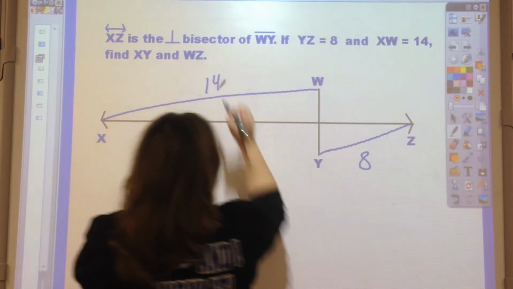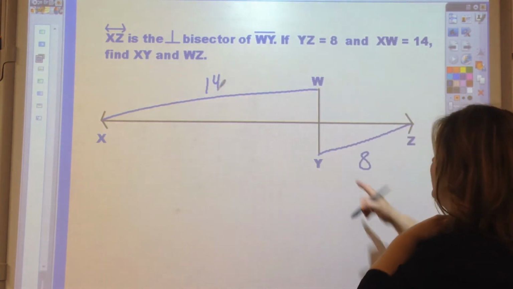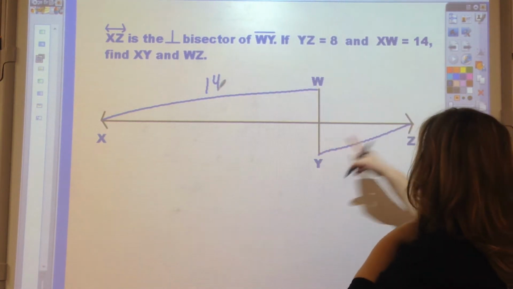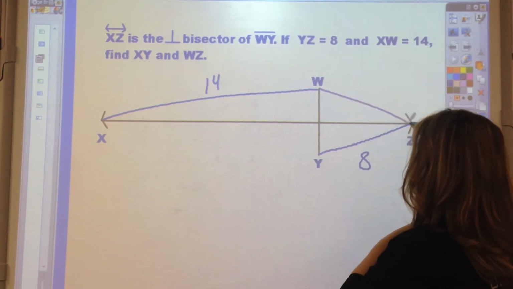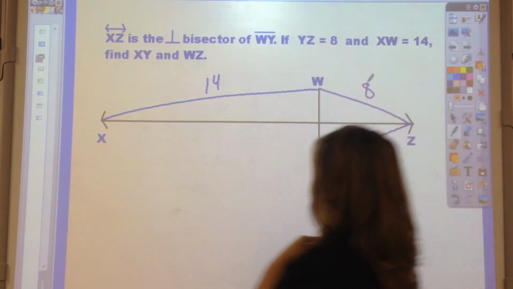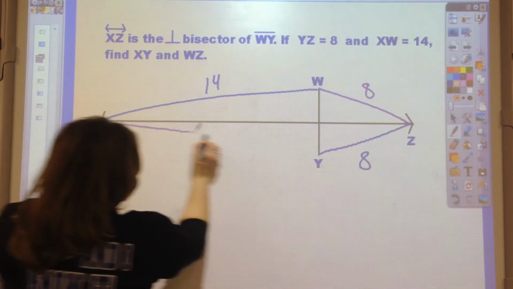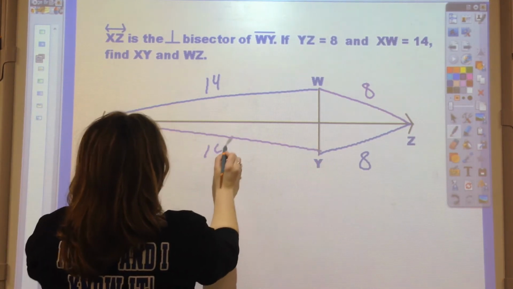What that perpendicular bisector theorem tells me is that this segment must be equidistant from this endpoint, must be the same as this segment. So this segment must also be 8, and this segment must also be 14.